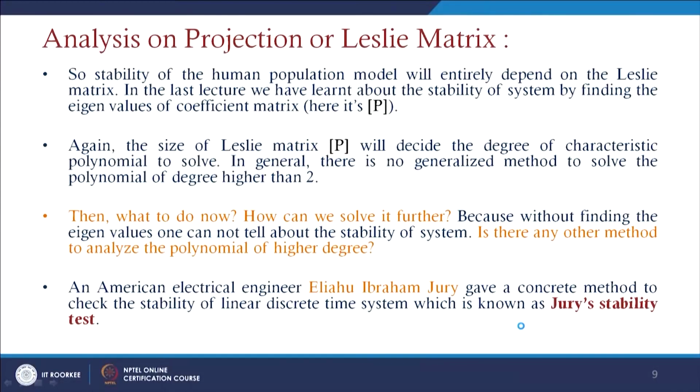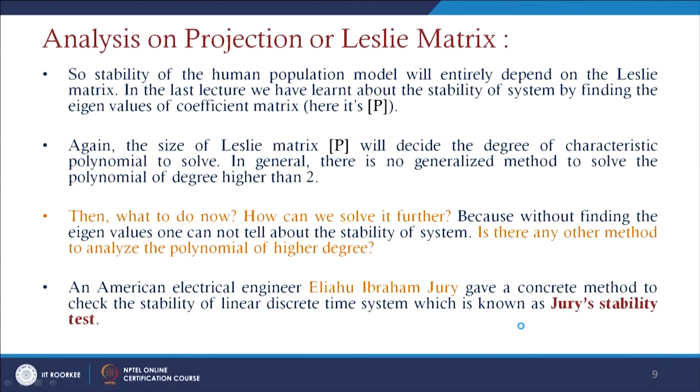The size of the Leslie matrix P will decide the degree of the characteristic polynomial to solve. In general, there is no generalized method to solve a polynomial of degree greater than 2.